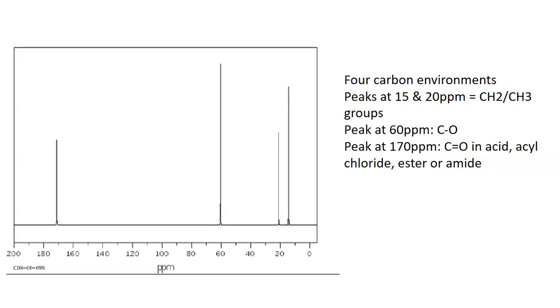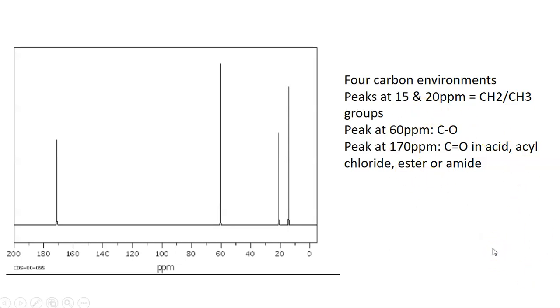And the peak at 170 is likely to relate to a double bonded oxygen in a carboxylic acid, an acyl chloride, an ester, or an amide. Now, you remember you get a data table which has all the relevant bits on there, so you don't need to memorize exactly what things are happening at what points.